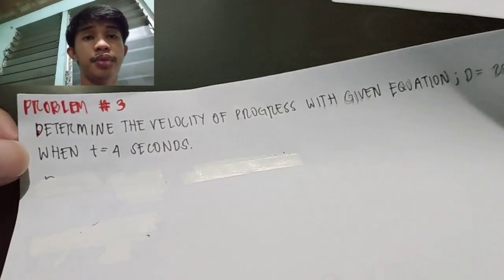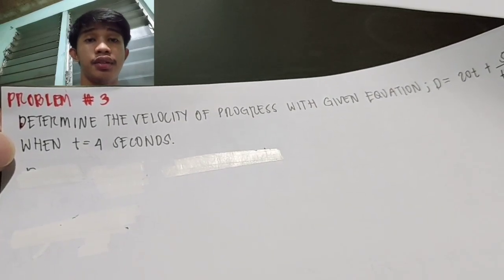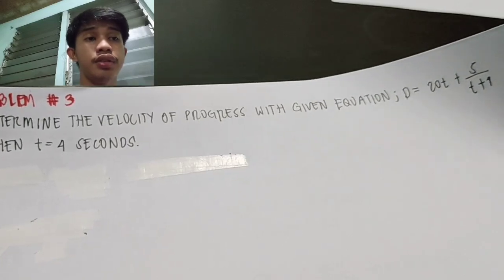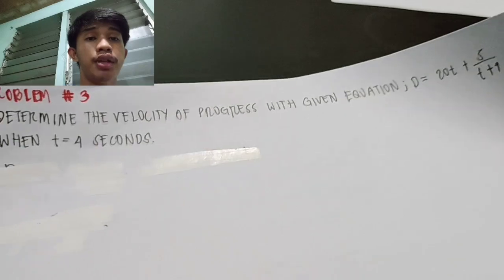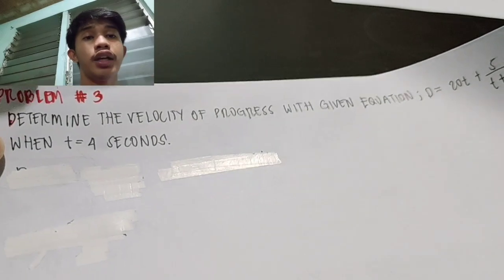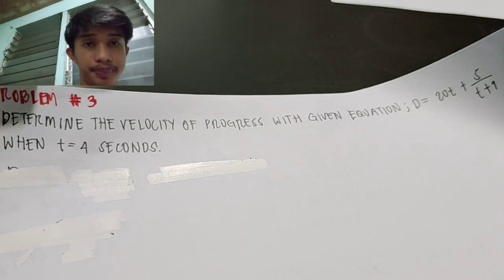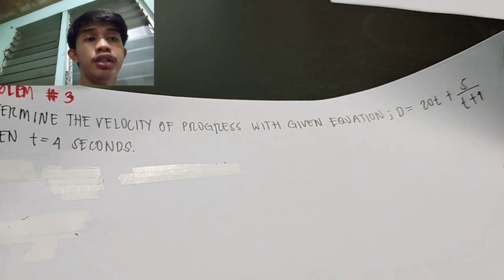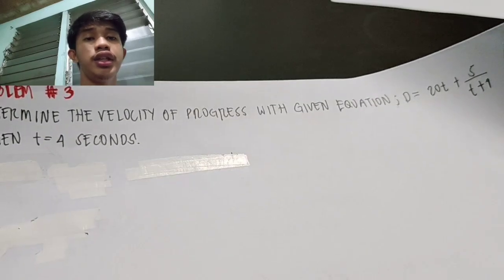Next we have problem number 3. So it states: determine the velocity of the particle with given equation d is equal to 20t plus 5 over t plus 1 when t is equal to 4 seconds. So notice that this problem gives us the equation of the displacement or the distance, and we are going to find the velocity with respect to t, and t here is the time.